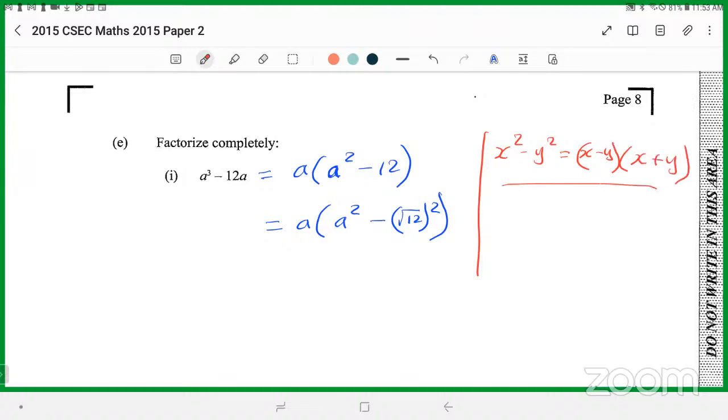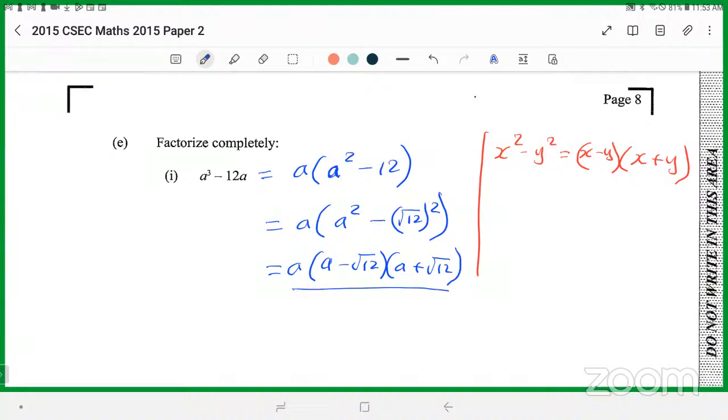So I'm using this rule now right here inside the bracket. Then it would become, first factor is a, and then the difference of two squares would be a minus the square root of 12 times a plus the square root of 12.